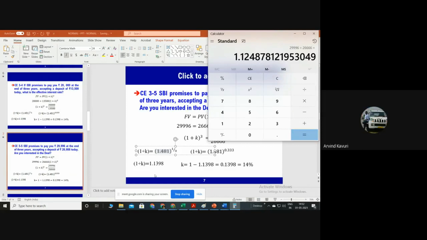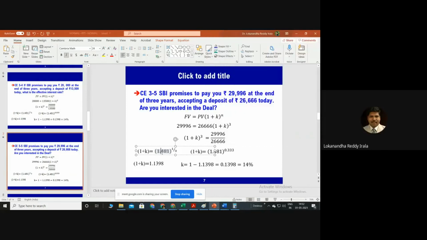1.1248. Okay. So 1.1248 to the power of 1 by 3. So 1.1248 to the power of 0.333. You can add one more 3 also here. So now let us find out 1.1248 to the power of 0.333. How much is this?